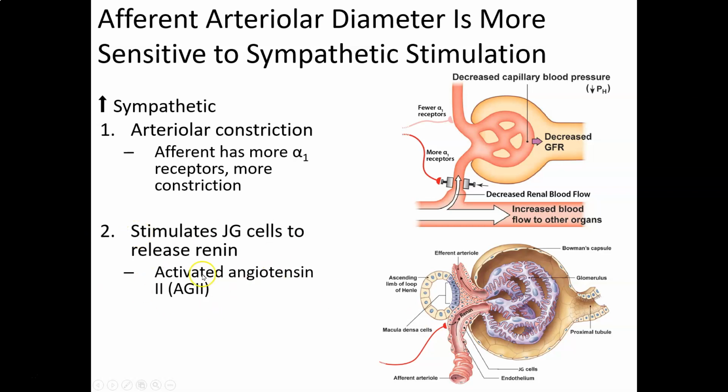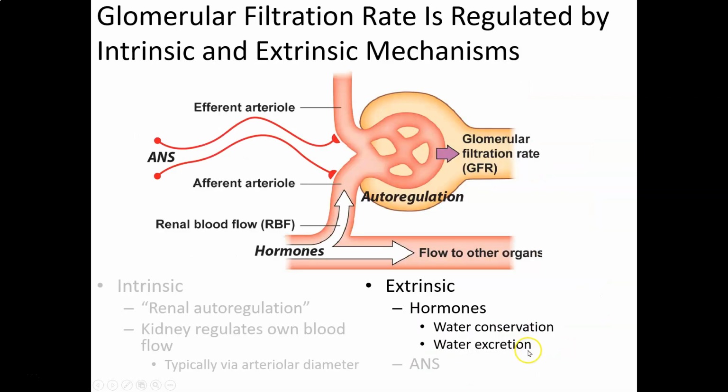So that's the other effect the sympathetic stimulation has, and that hormone that we eventually activate will do similar things in the blood vessels as epinephrine. It would cause constriction. So that's the sympathetic stimulation and its direct effect in terms of decreasing GFR and increase in the release of renin.